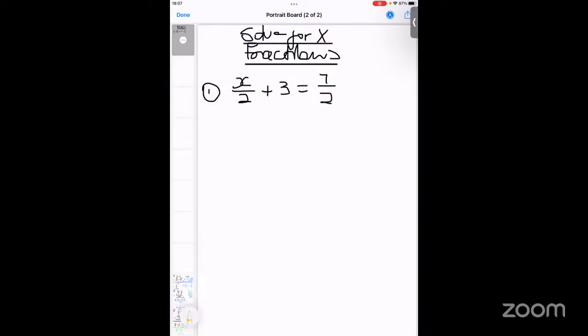It doesn't matter what the letter is. As long as it has a letter, you just want to have it on the left. So this is what I'm going to leave on the left, x over 2 equals 7 over 2. This 3, I will take to the other side. It will become minus 3.